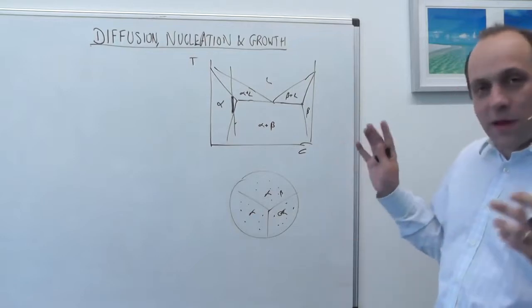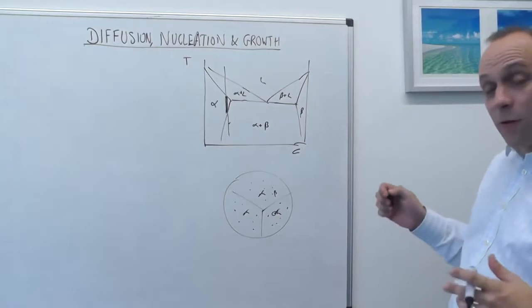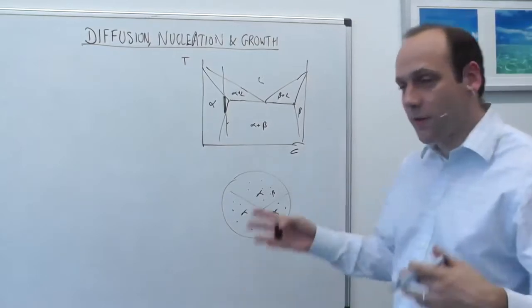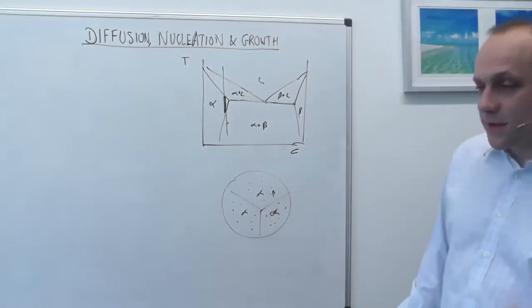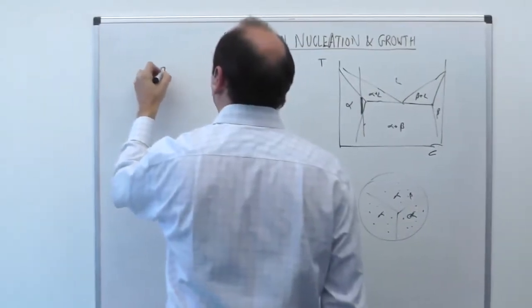And we can think about that from a thermodynamic point of view, actually, to get how quickly that might happen and start doing some maths to describe that. So we're thinking about what's called the thermodynamic driving force.